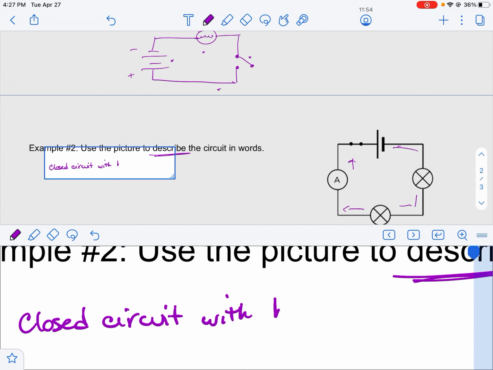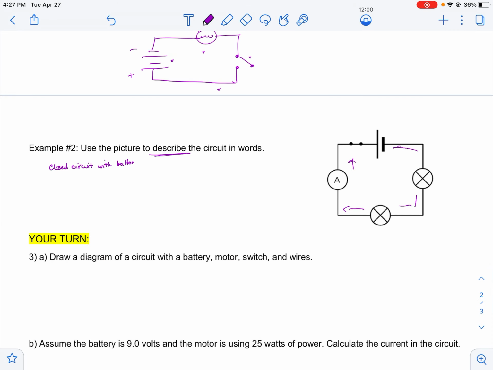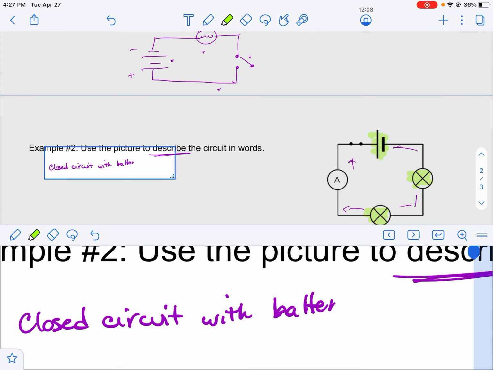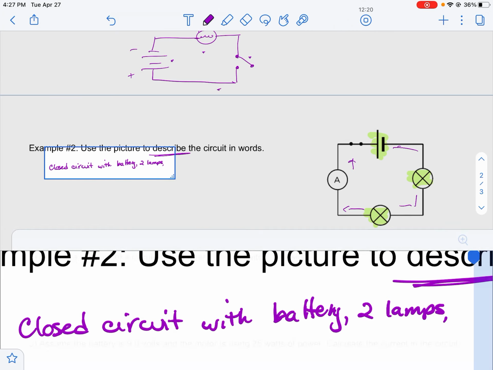with a battery, because it has my battery symbol there. And then I can see, so here's my battery symbol. I put that in my words. And then I have two lamp symbols. So I'm going to say a battery, 2 lamps, or you could say light bulbs if you'd rather say light bulbs, same thing.